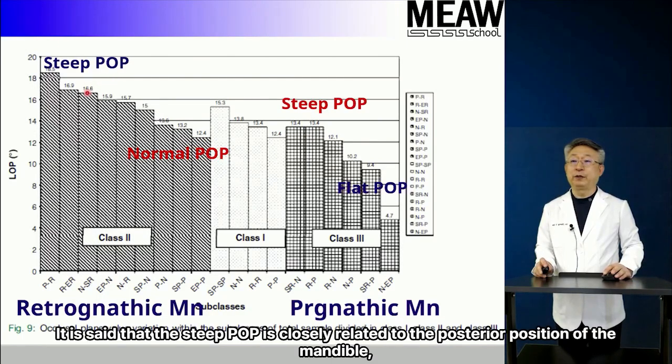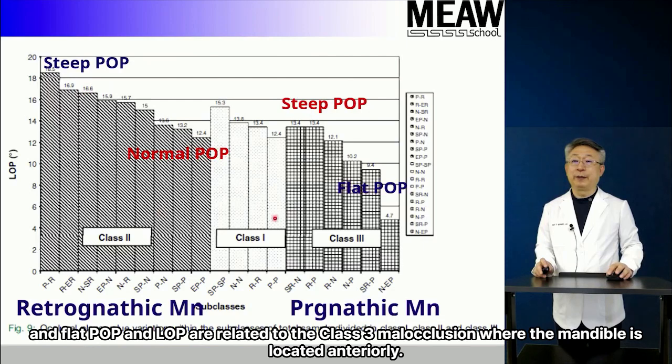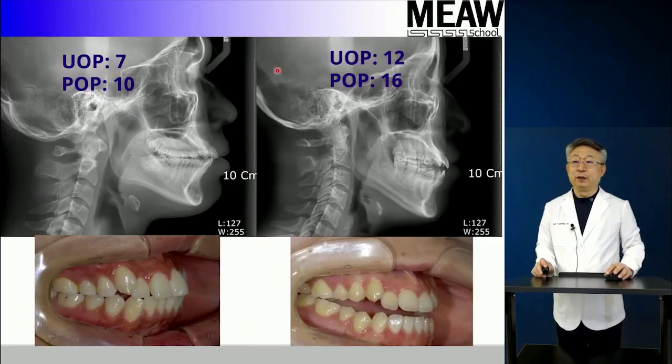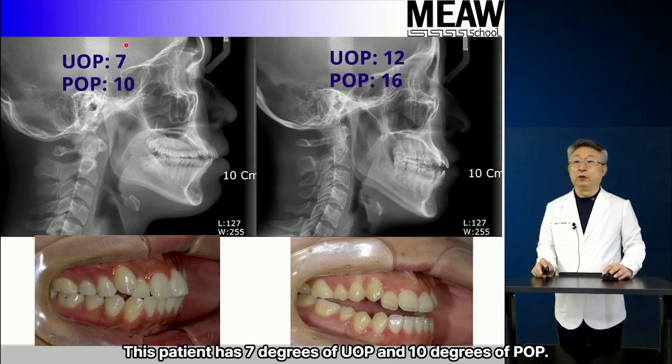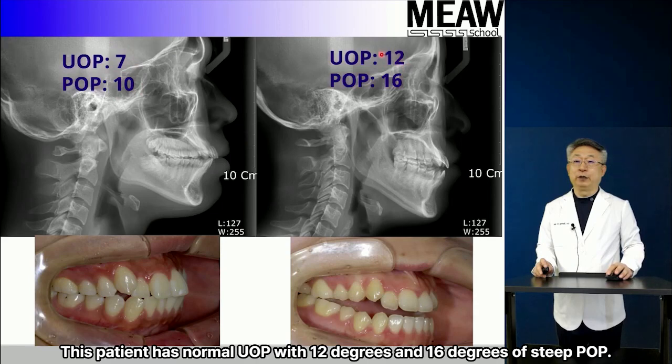It is said that the steep POP is closely related to the posterior position of the mandible, and flat POP and LOP are related to Class 3 malocclusion where the mandible is located anteriorly. This patient has 7 degrees of UOP and 10 degrees of POP. This patient has normal UOP with 12 degrees and a steep POP of 16 degrees.